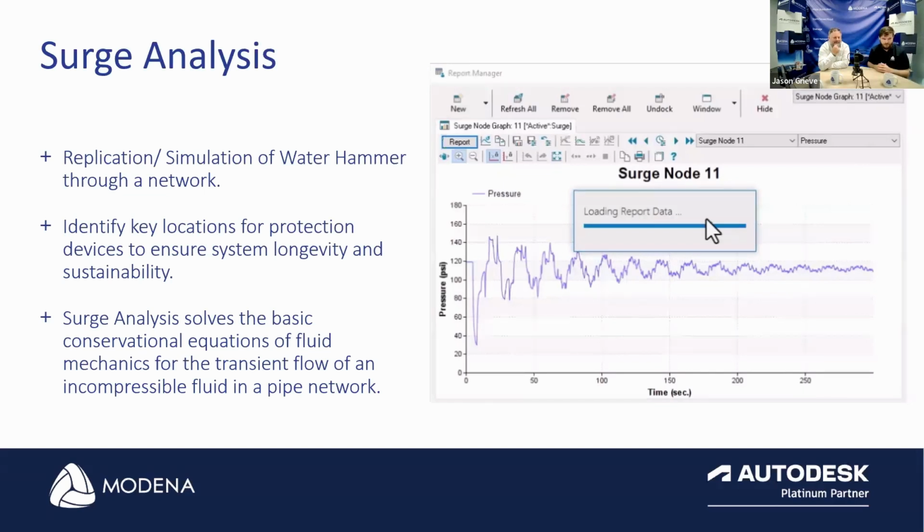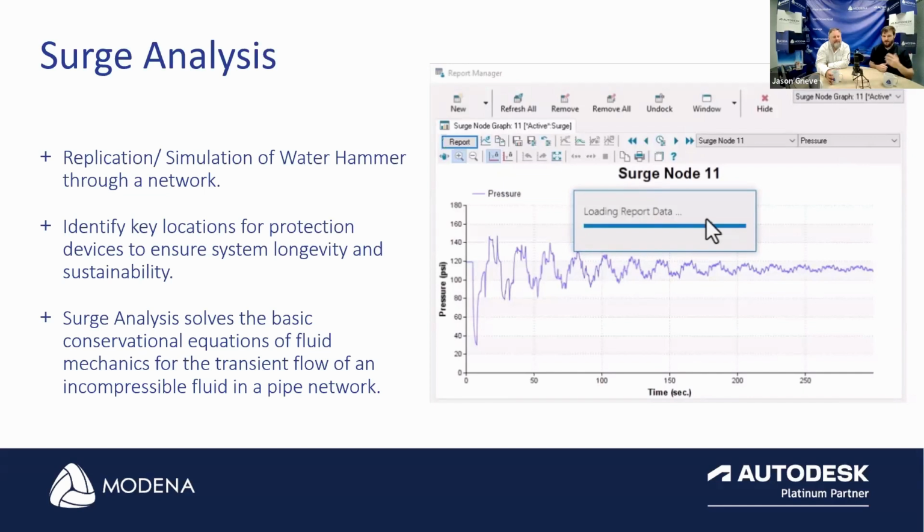Stuff fails and it happens. So these just allow us to place protection devices where needed and even preemptively add, so should something happen, we have a backup plan for that. And this just allows our system longevity and sustainability, so that we keep the system and network health available for as long as possible.